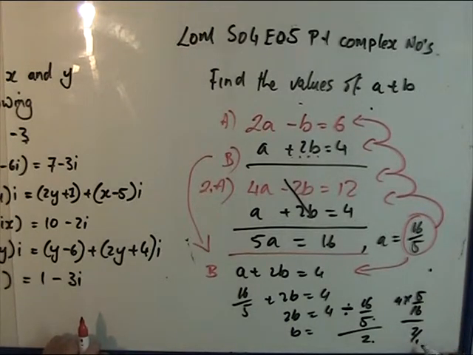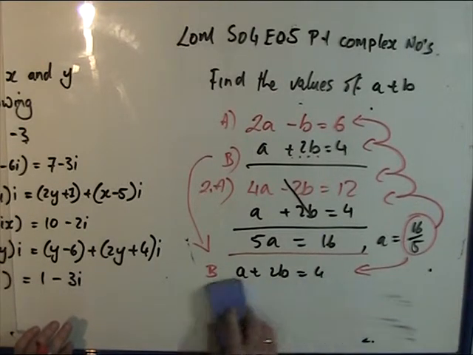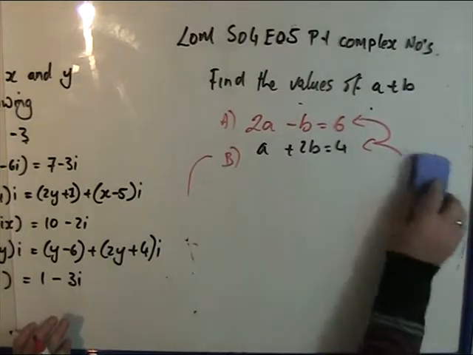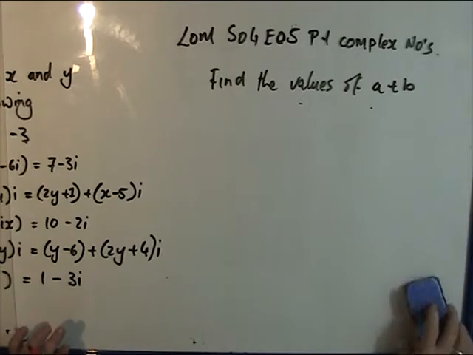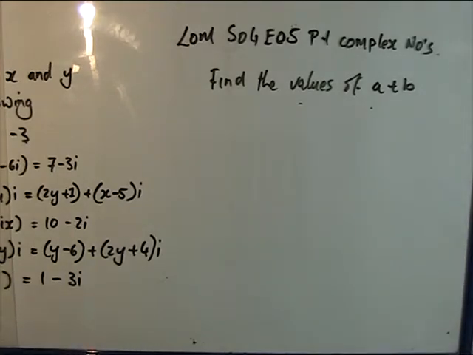Now you should know how to multiply and divide by fractions. So there are your values. You found your values for a and b through simultaneous equations by separating the full equation into its equal parts, imaginary parts and real parts.